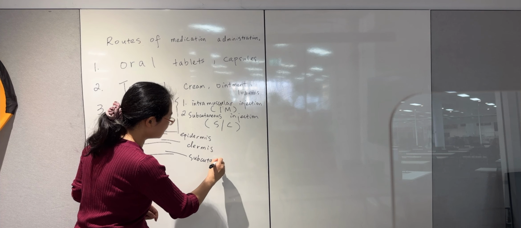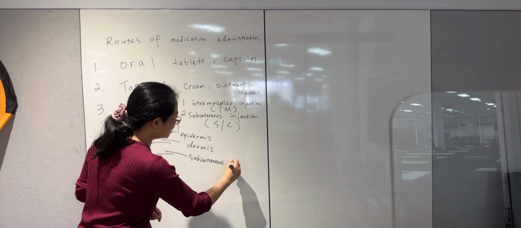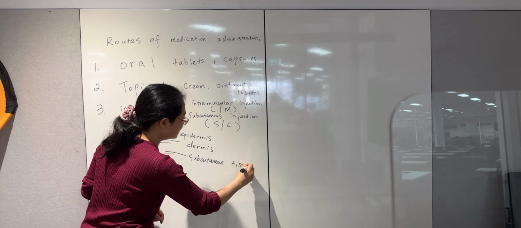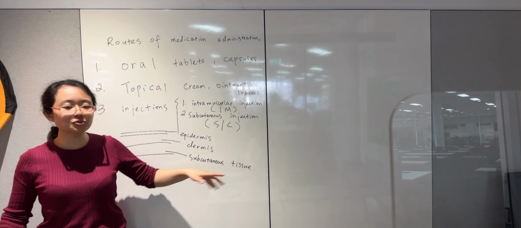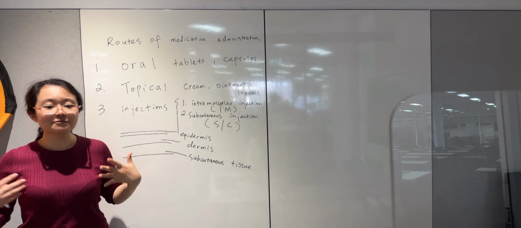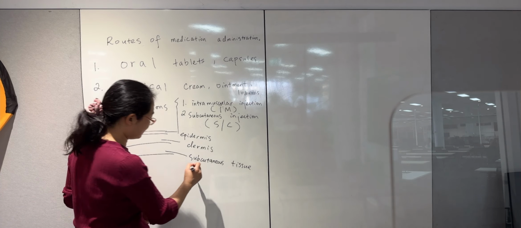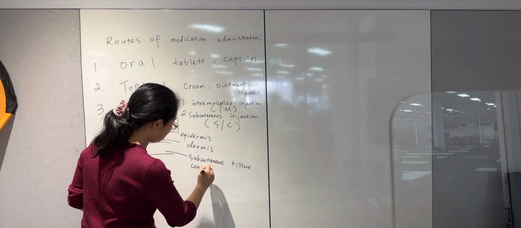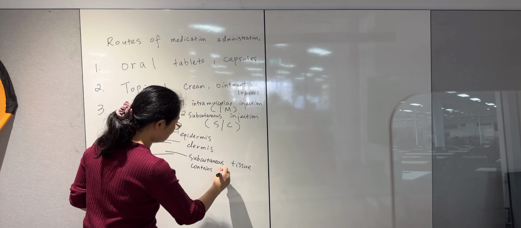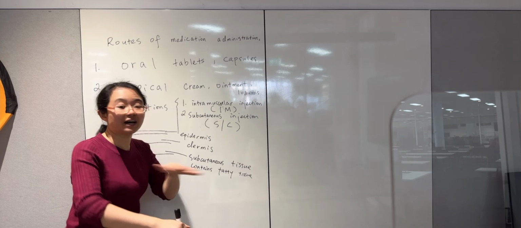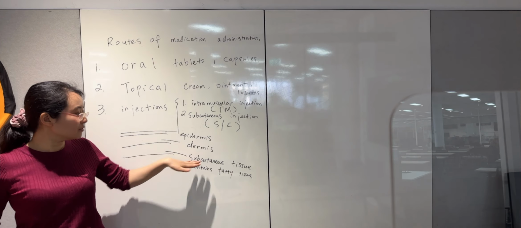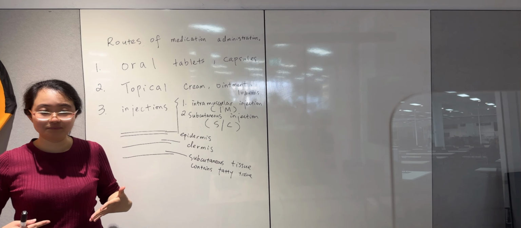Now the third layer, underneath the dermis, is the subcutaneous tissue. Subcutaneous tissue contains mostly fatty tissue, so it's made of fat.